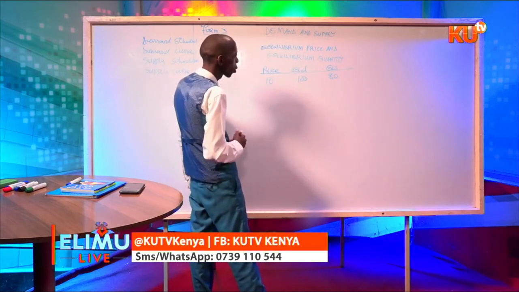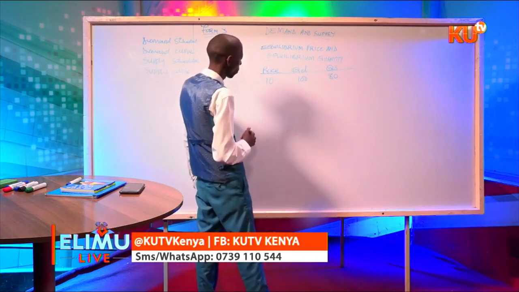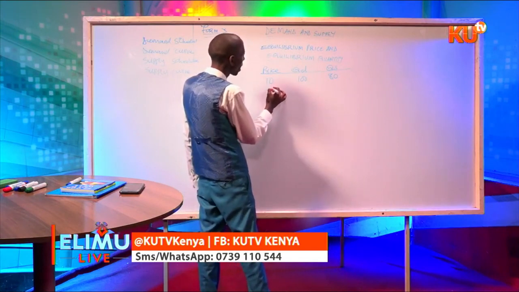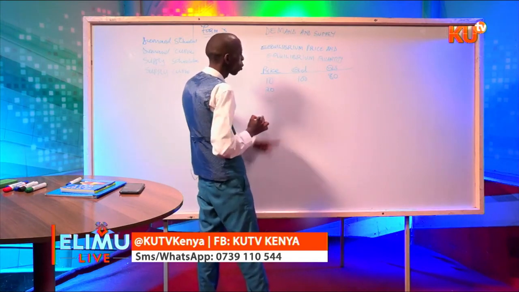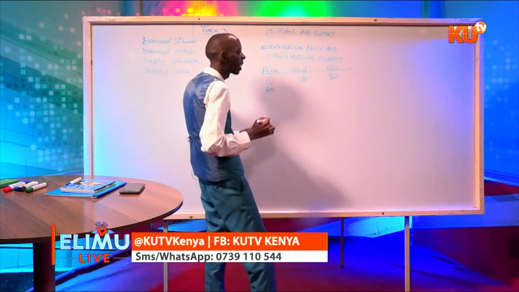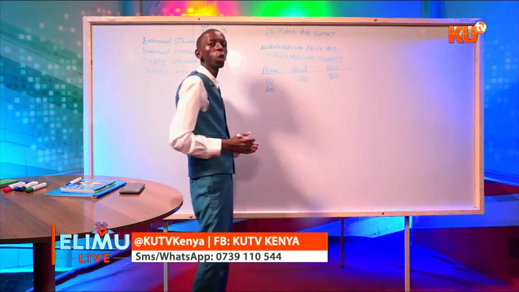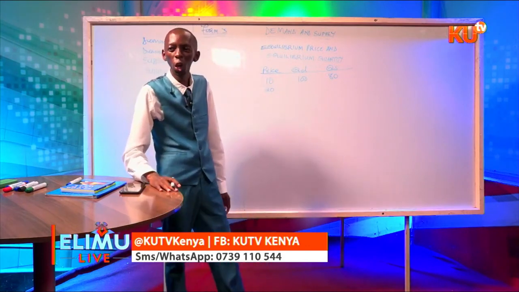So I want us to see what happens when the price increases to 20. The quantity demanded decreases. Why? Because we dealt with the law of demand.